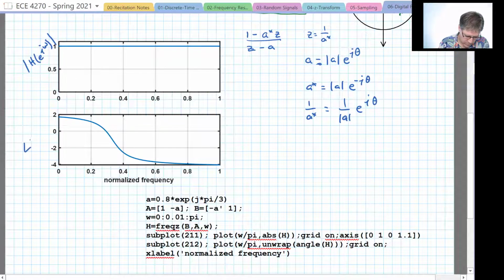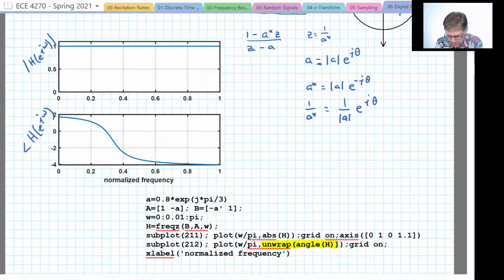In the lower plot we have the angle. If you look at the code, you'll see that I use this MATLAB function called unwrap. Unwrap lets you take the angle, which is normally returned between minus pi and pi, and it tries to make it continuous so that you don't have these discontinuities that would otherwise show up as it tried to maintain a principal angle.